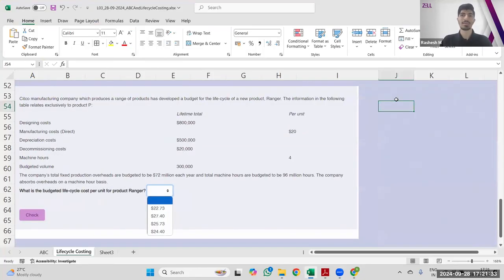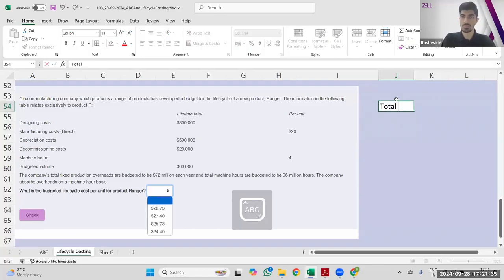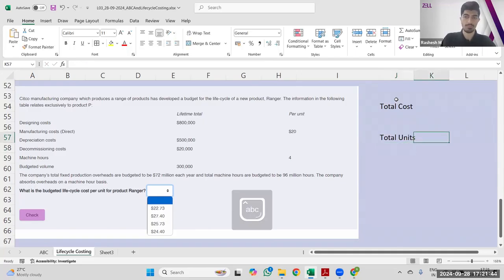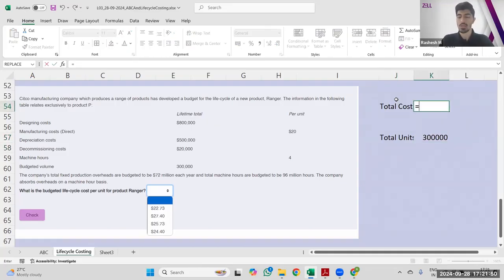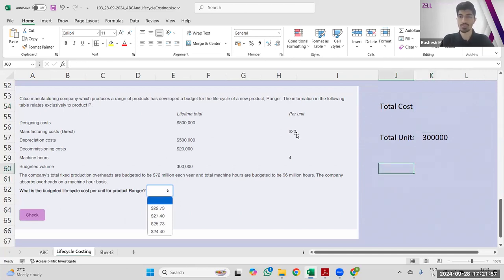All right. So same exact thing: total cost and total units. Total units are already given in the question as 300,000. Total cost is simply an addition of all my costs. One thing is given in per unit terms, so I'll do that first, which means I'll have to find my OAR first.